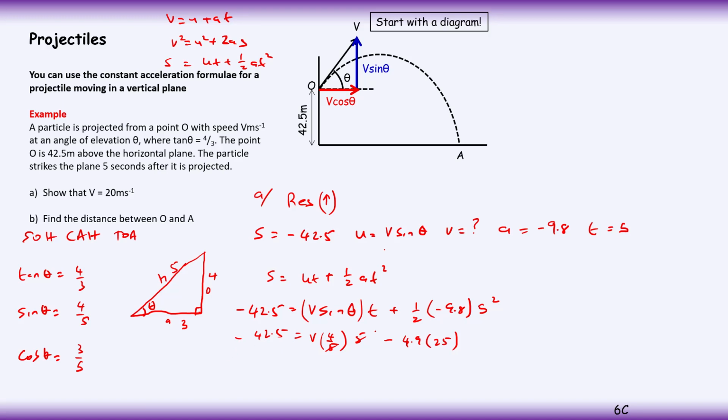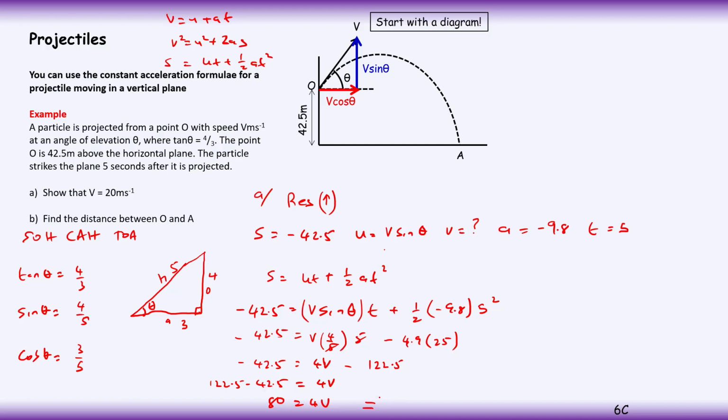So I've got minus 42.5 is equal to 4v minus 122.5. So if I add 122.5 to both sides, 122.5 minus 42.5 is equal to 4v, that's 80 equals 4v.